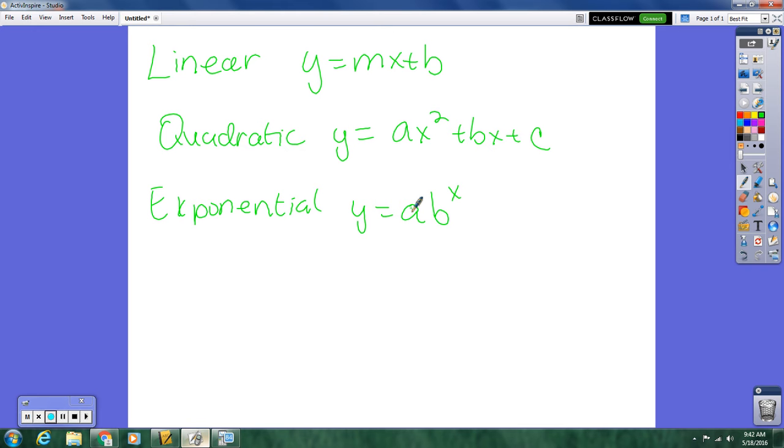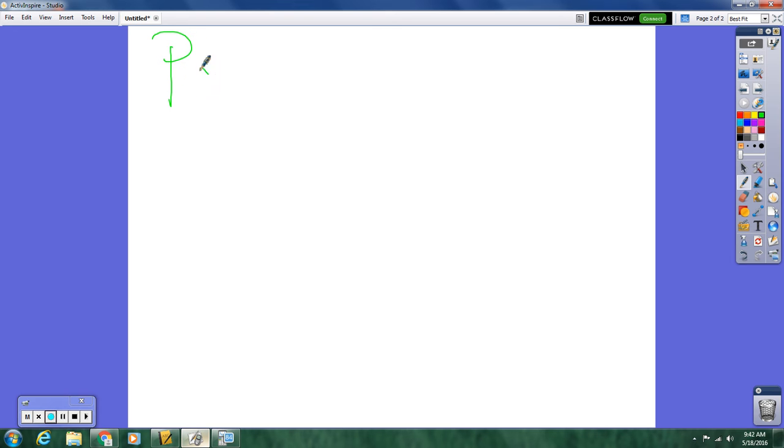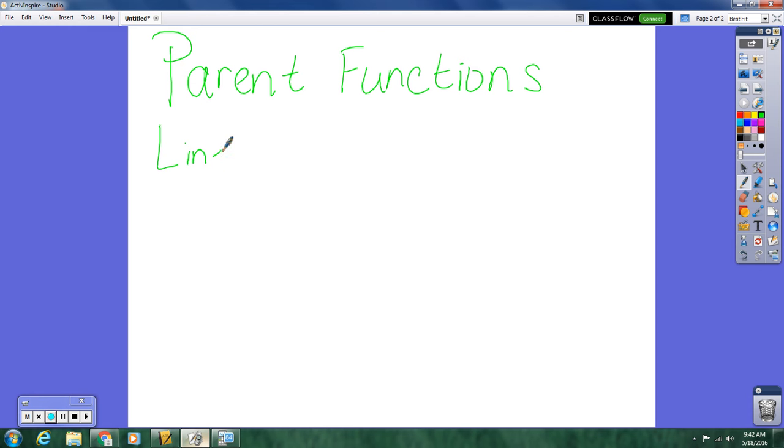So, talking about parent functions, the parent function is y equals x, a straight line. That one goes through the origin, and it splits the first and third quadrants in half. So there's the line.